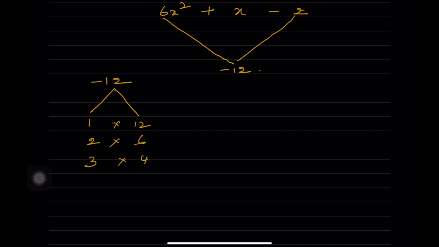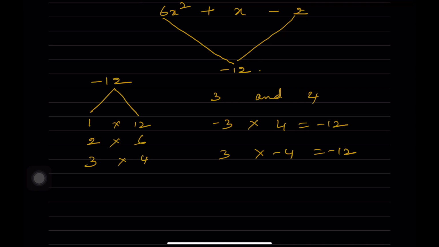Now you have to get your x over here. The coefficient of x is 1, so we have to get 1. When you're taking 3 and 4 to get minus 12, either minus 3 into 4 should be minus 12, or 3 into minus 4 should be equal to minus 12. But here we have to get a positive x, isn't it?